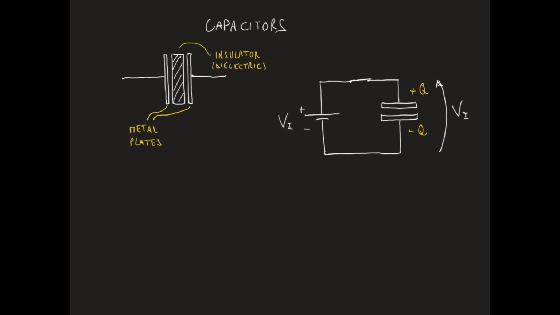Moreover, since we have a charge plus Q on the top plate and the charge minus Q on the bottom plate, we will have a field between the two plates going from the positive charge towards the negative charge, and the magnitude of this field, let's call it E, will be given by Vi divided by D, where D is the distance between the two plates.